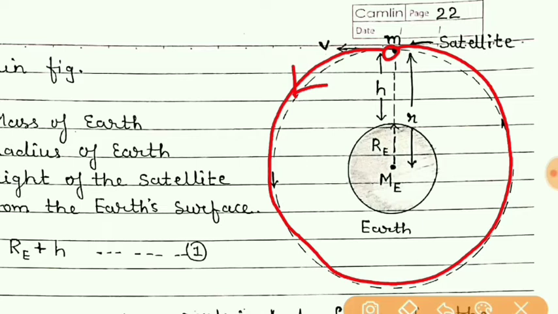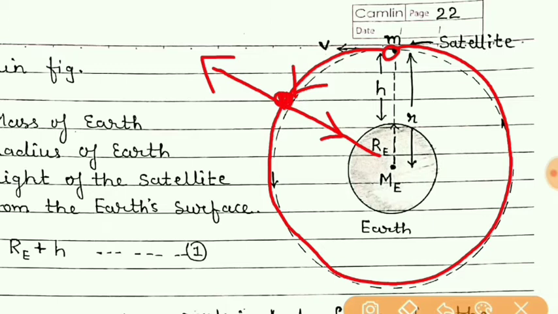So here we can say that on this satellite two forces are acting. One is towards the center of the Earth, that is gravitational force, and the other is away from it, that is centrifugal force.